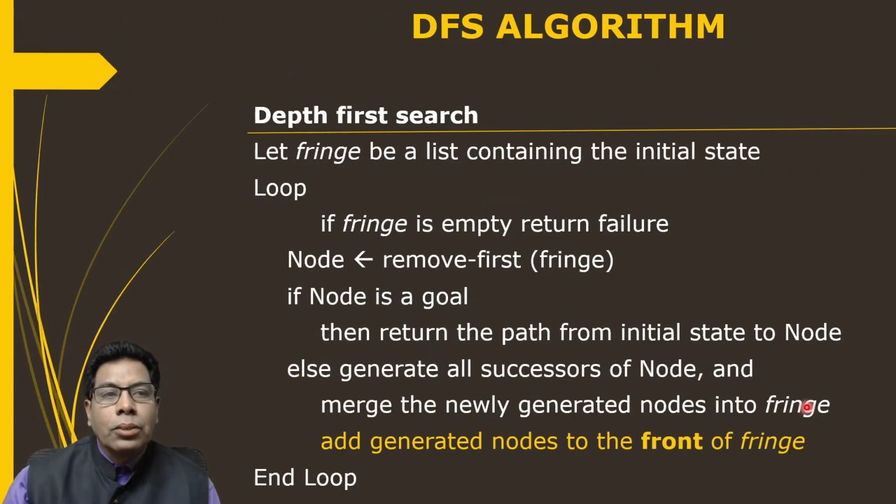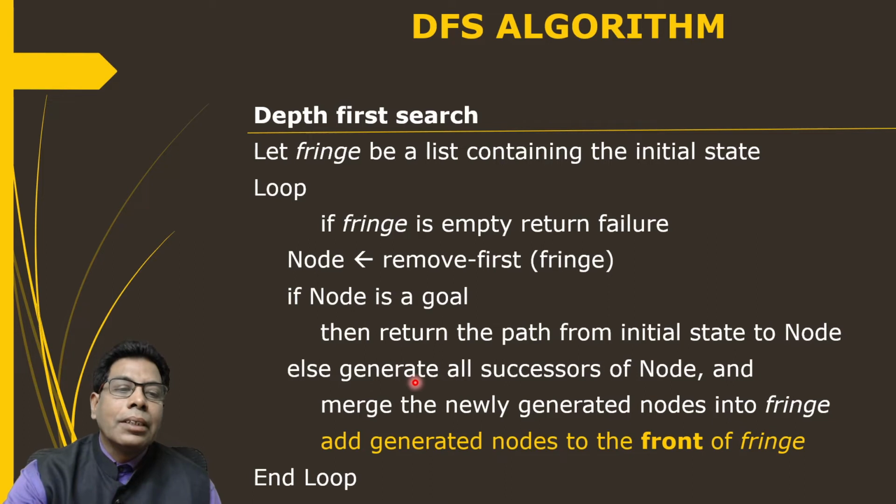Then let us go to the DFS algorithm. As you can see here, we have the fringe, which will contain the initial state, and then we have the loop. If the fringe is empty, it will return failure, and if not, then we load the node for expansion from the fringe. If the node is a goal, then return the path from the initial state to the node, so the algorithm will terminate if it is a goal node.